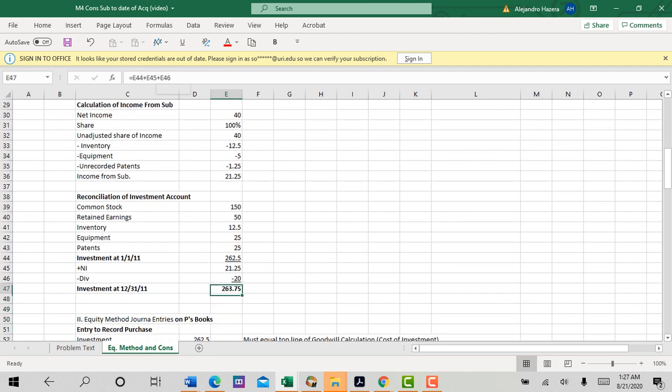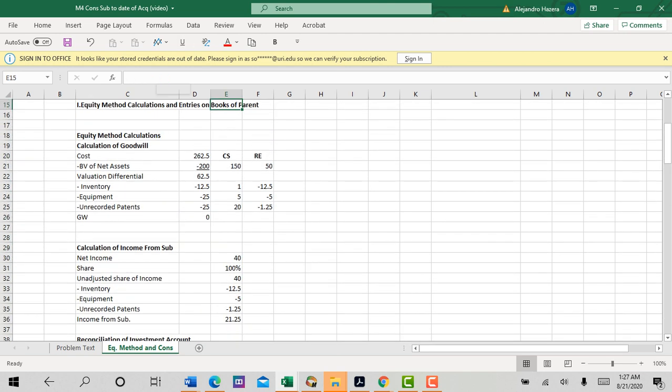The reconciliation of the investment account is always based on the items in the goodwill calculation. They may disappear if they're current assets or liabilities, or they may hang around for a while if they're non-current. Anyway, it always includes the equity items, common stock and retained earnings, so always start with these.